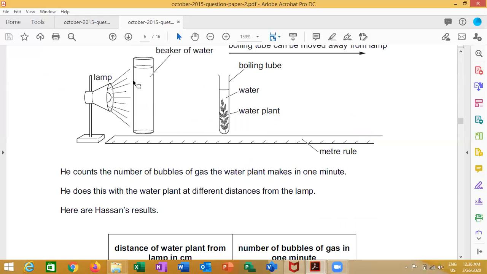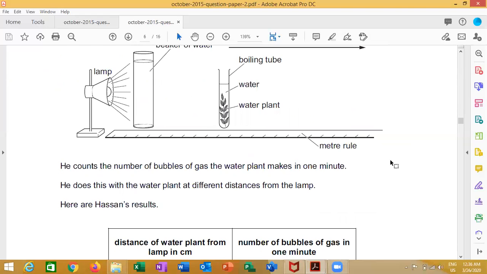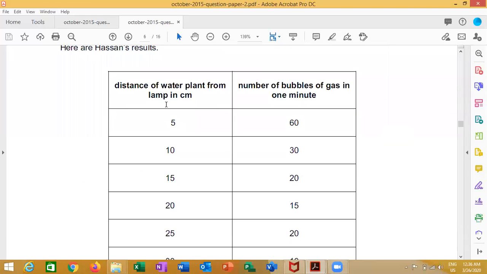It means that the lamp will be very near to the water plant, so the rate of photosynthesis will be very high. As you can see here, when the distance decreased, the rate of photosynthesis increased. This is the number of bubbles of gas in 1 minute. It means the oxygen gas that is produced, and that is evidence that the plant carried out the photosynthesis process.